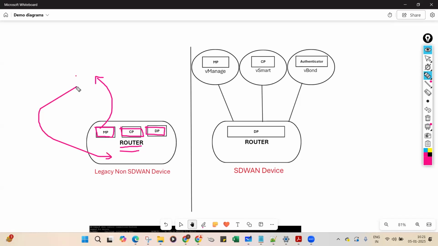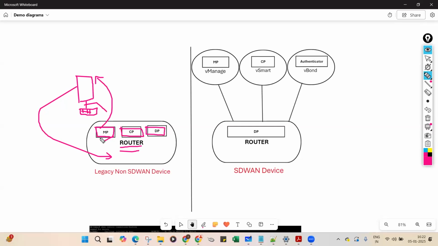Let's say I have a laptop over here and I want to access this router via SSH. So these SSH packets are mainly handled by management plane. If I want to access this router via Telnet from this system, these Telnet packets are also handled by this management plane. And if I want to access it via GUI, again, it is handled by the management plane.